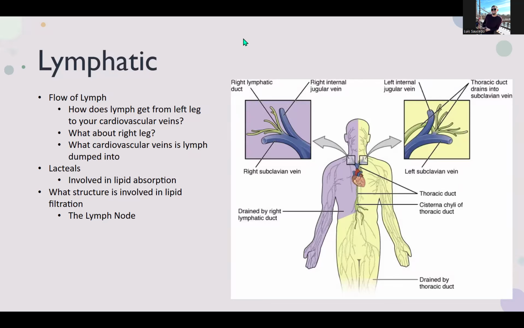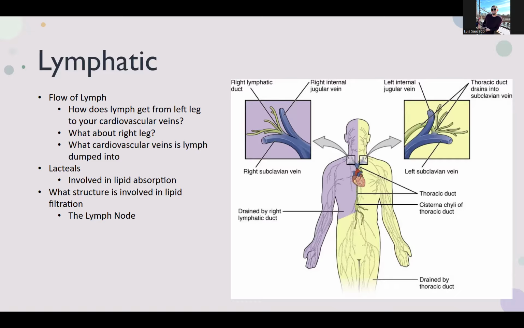So what is lymph? If you were here for our lecture yesterday, basically what lymph is, it's fluid that comes off of our blood vessels, and this lymph is able to essentially take a sample of our blood and move it through the body to primarily help the immune system detect any kind of infections or illness, pathogens, that kind of thing.